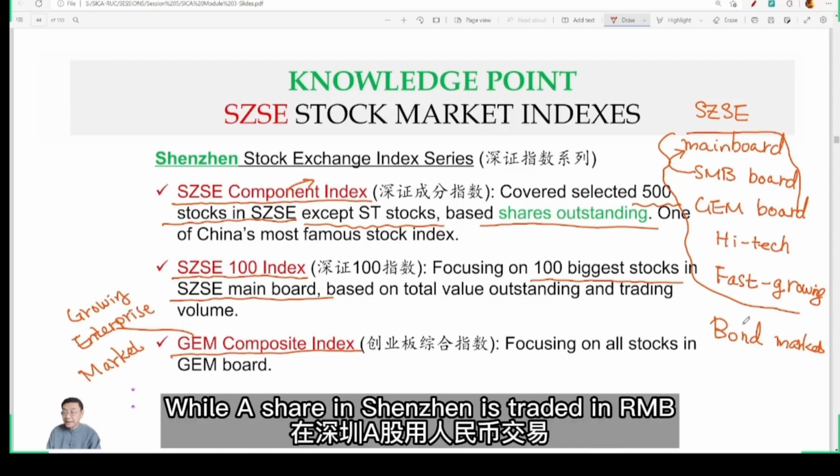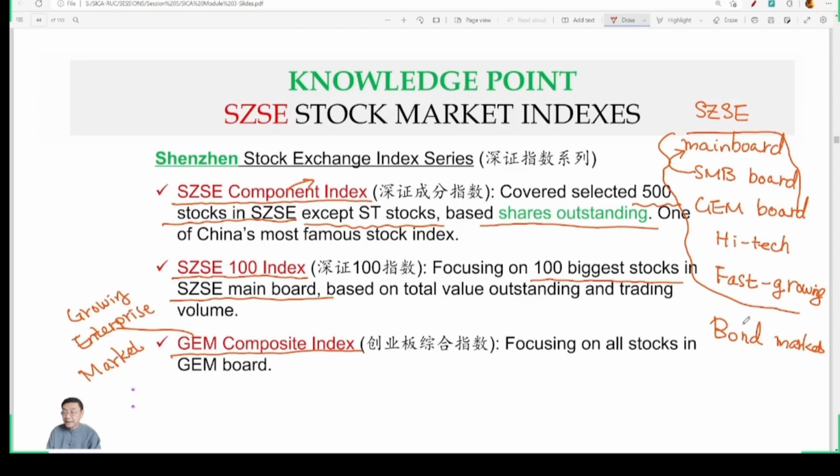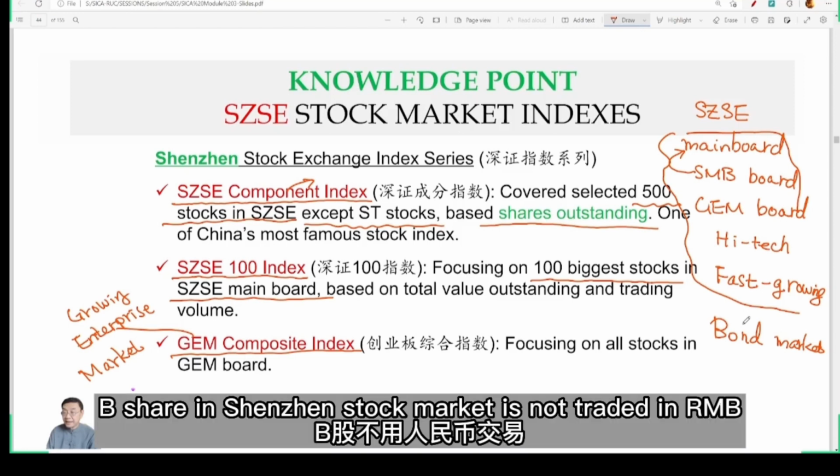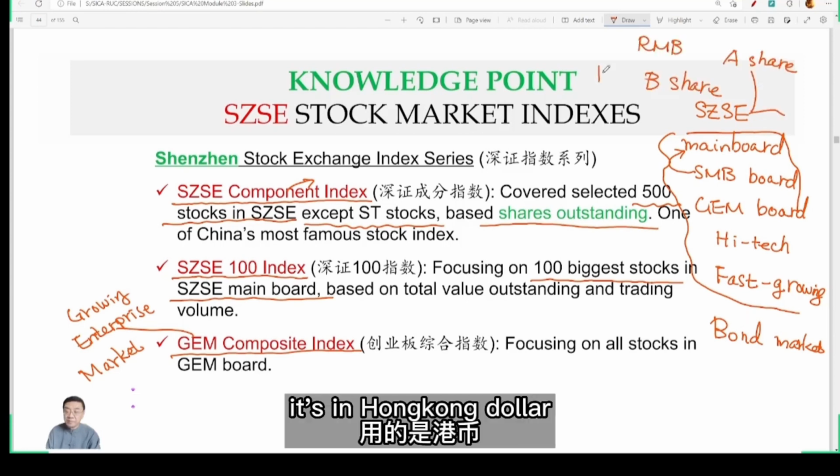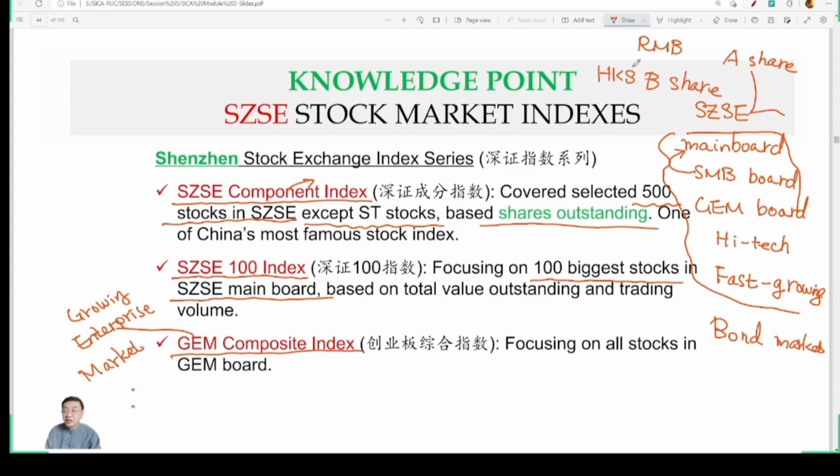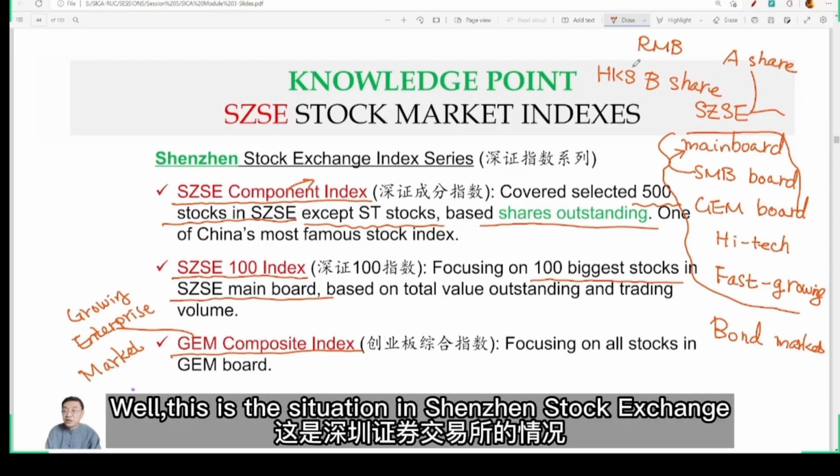While A shares in Shenzhen are traded in renminbi, B shares in Shenzhen are traded not in renminbi, but in Hong Kong dollar.